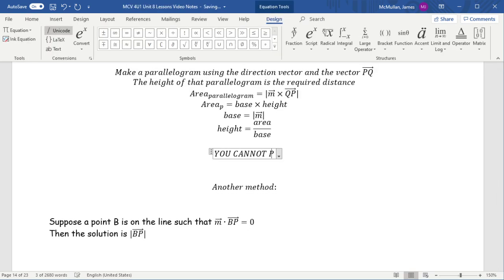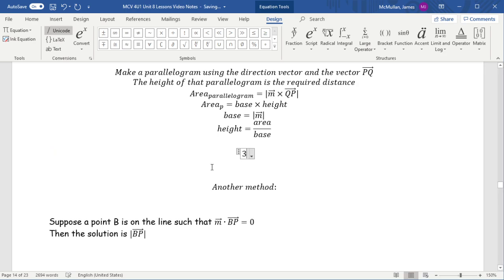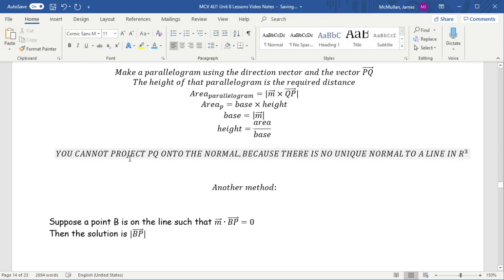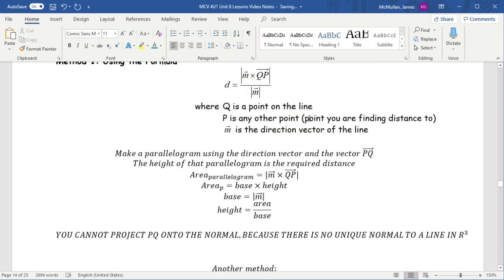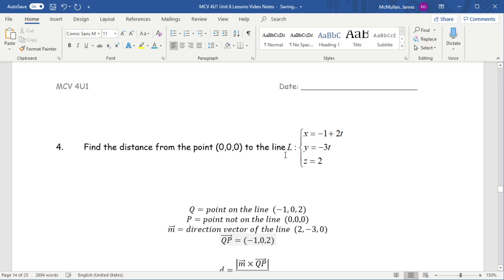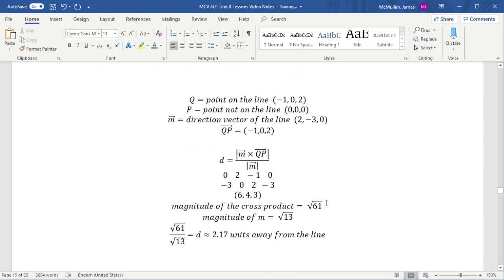You cannot project PQ onto the normal because there is no unique normal to a line in R3. So yesterday's method is out. But this method is just as nice and very quick. All you've got to do is cross product, take the magnitude, and divide by the magnitude of m, and you have your answer.